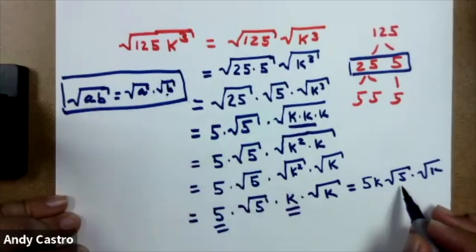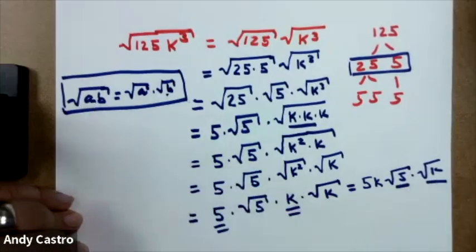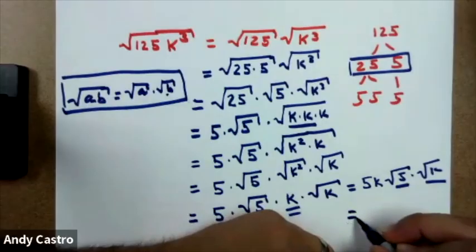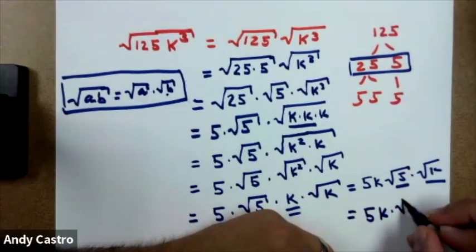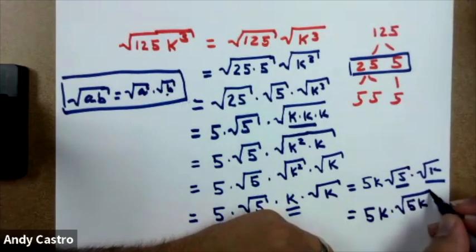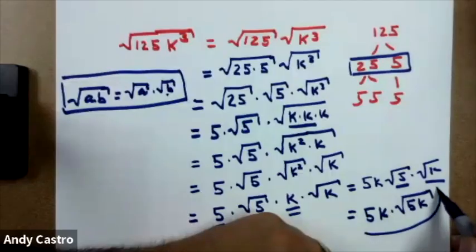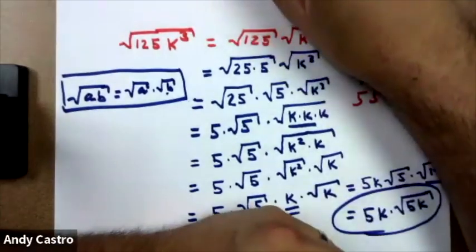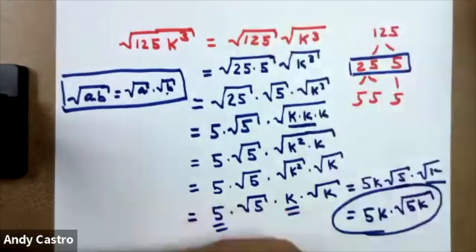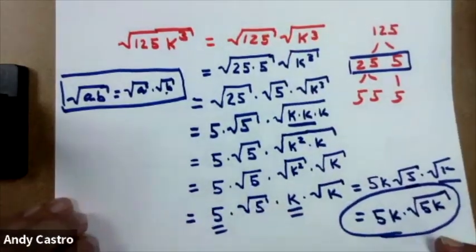So that's what I'm going to do here. This root 5 times the root k, I'm going to combine and put under the same radical. Square root of 5k. So 5k times the square root of 5k.